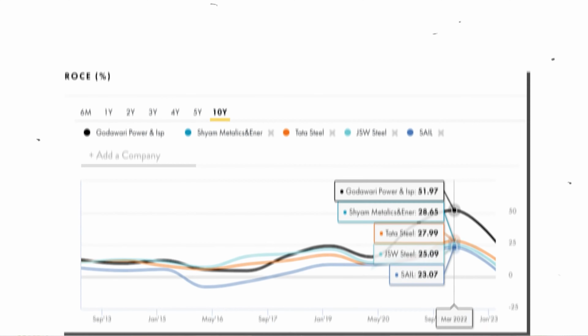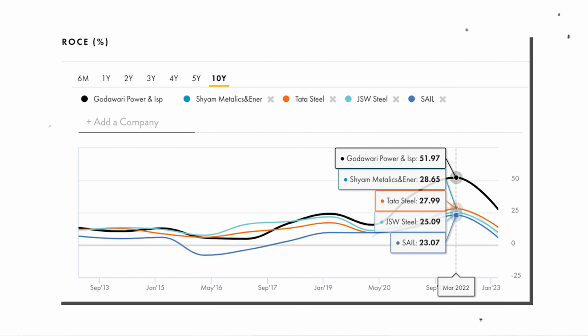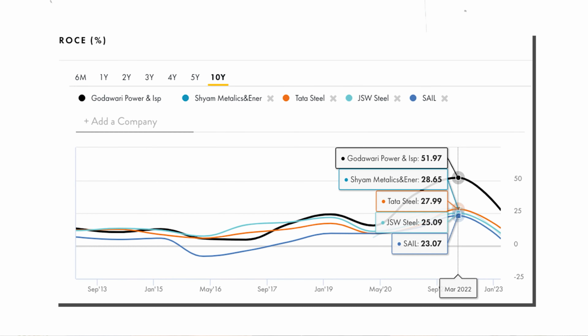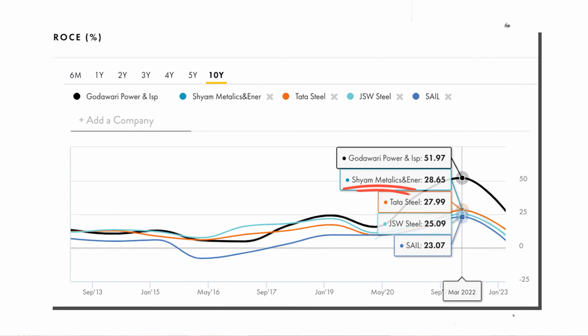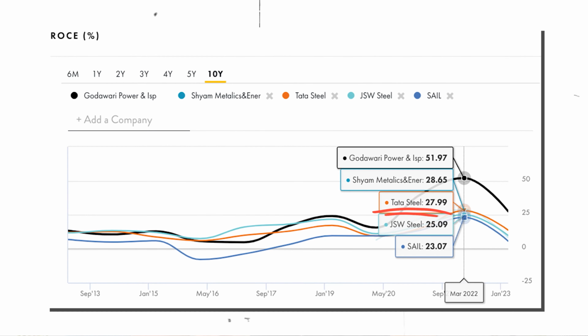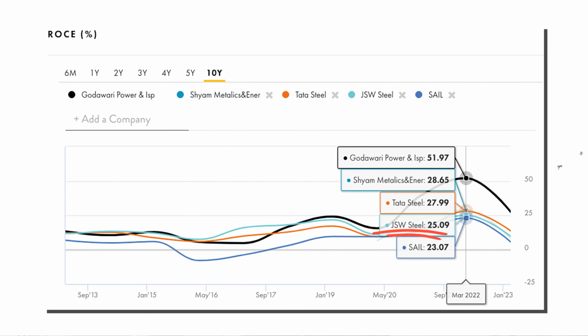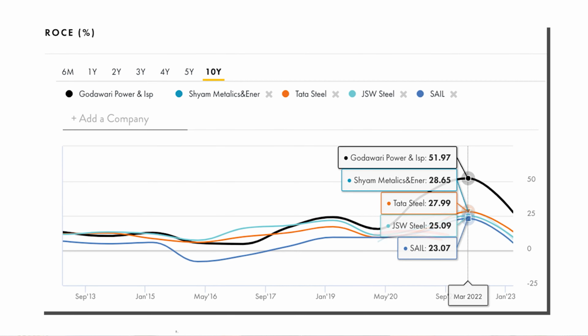So as a result of all of this amazing performance, you can actually look at the return on capital employed of all these major steel players. And we can see that Godavari earned a return on capital of 51%, Shyam Metallics 28%, Tata Steel 27%, JSW 25%, right? Those are ridiculous numbers which have already come down from 2022 peaks.